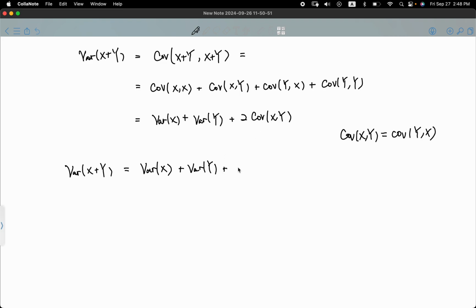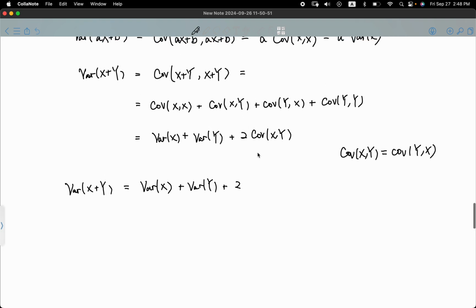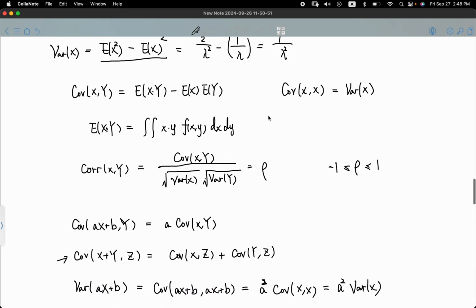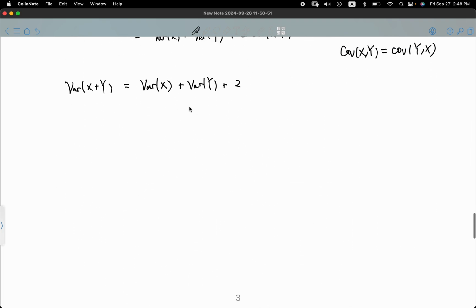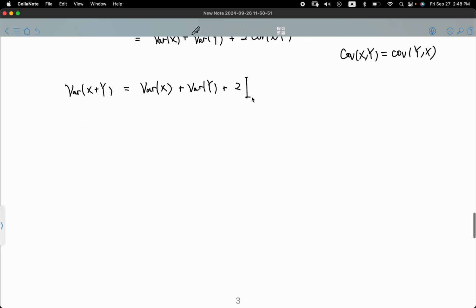Let's circle back to the formulation of the covariance here. If x and y are independent, then the expected value of their product can be decomposed into E of x multiplied by E of y.